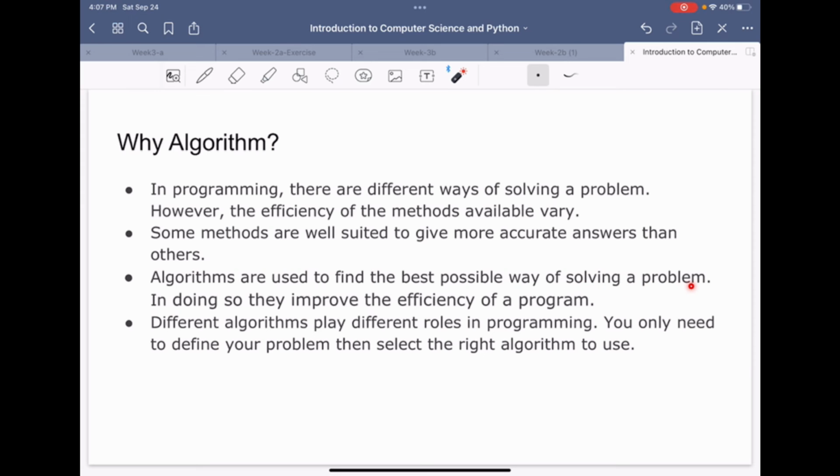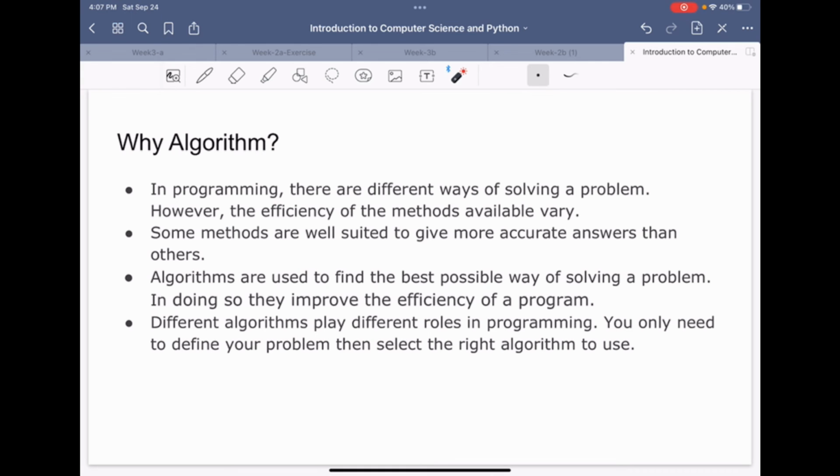If you write the algorithm, it can help you understand the different ways of implementation regarding the same given problem. So what are the different implementations that you may have for a single problem? That depends upon the algorithm. You will choose the algorithm.